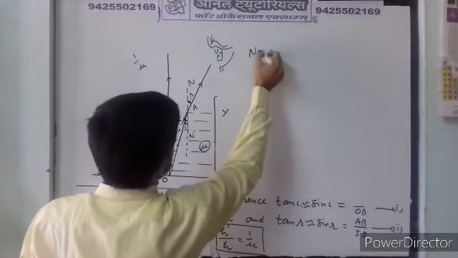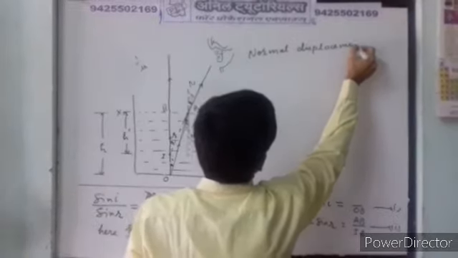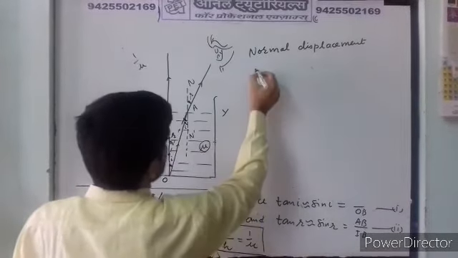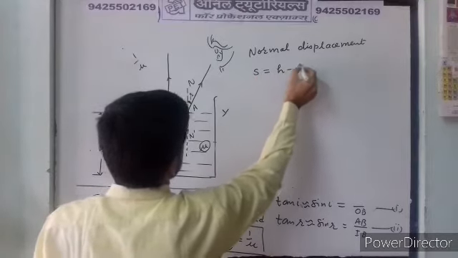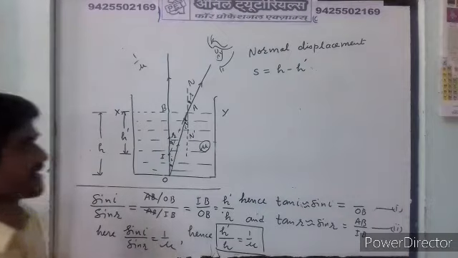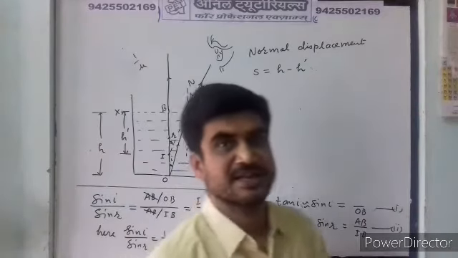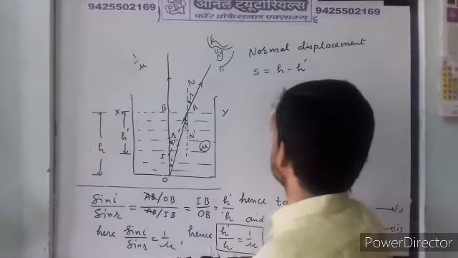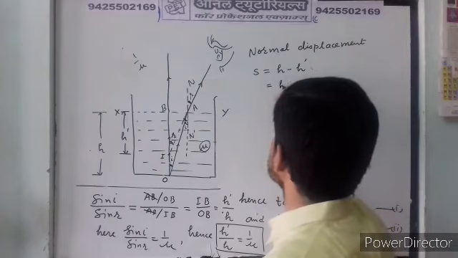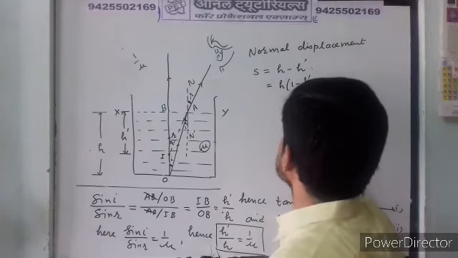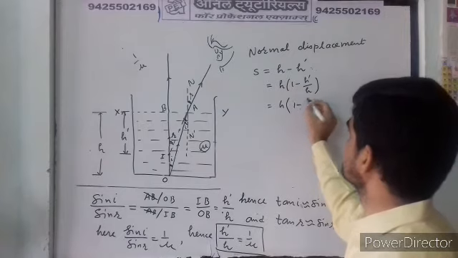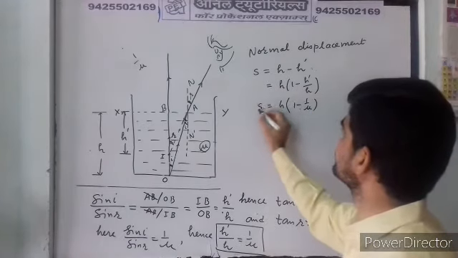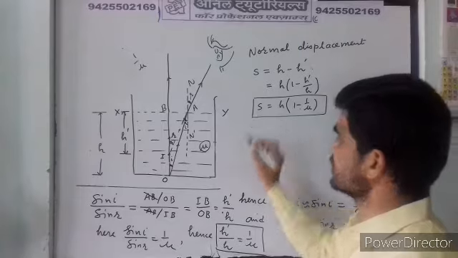Here we can write H minus H dash. So we can take H common here. So we will get, now we can put the value of H dash upon H from this. So this is the shift, children.